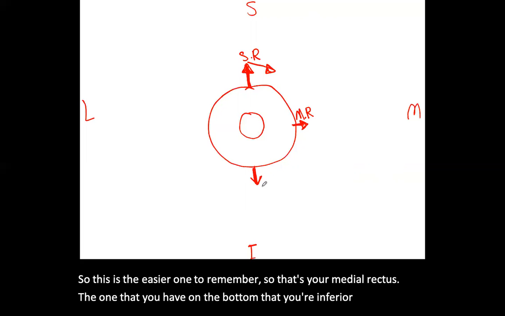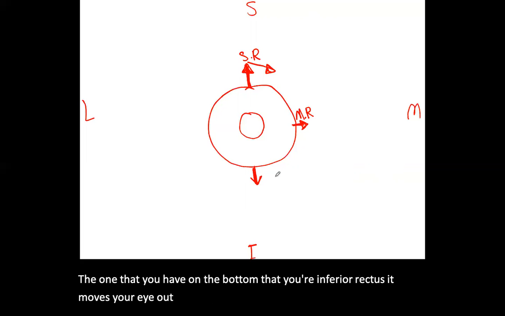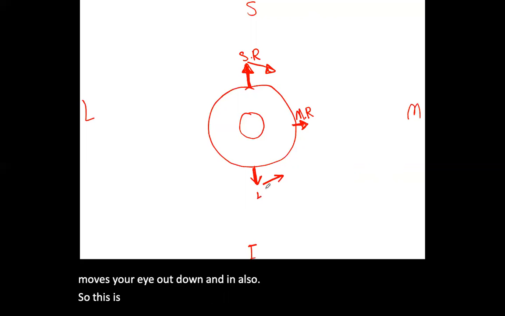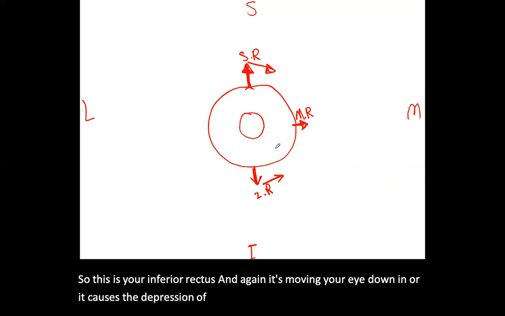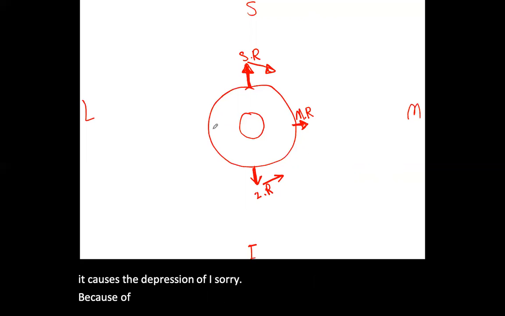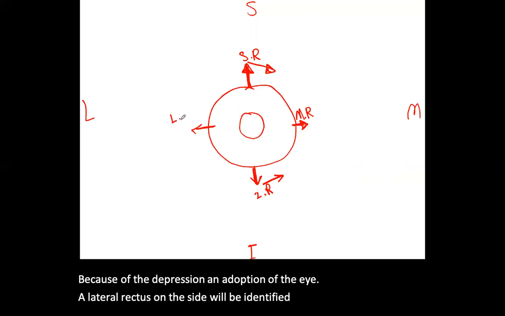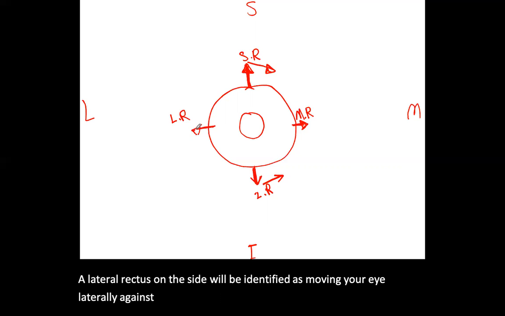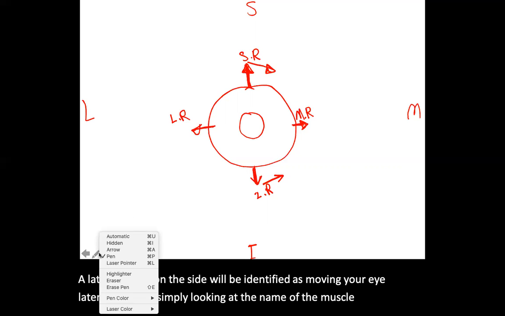It moves your eye down and in, or causes depression and adduction of the eye. The lateral rectus on the side will be identified as moving your eye laterally. Again, simply looking at the name of the muscle can tell you the direction of the movement.